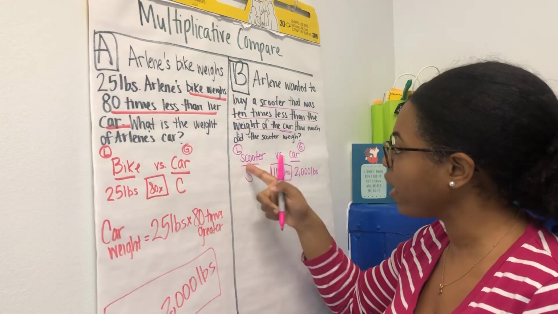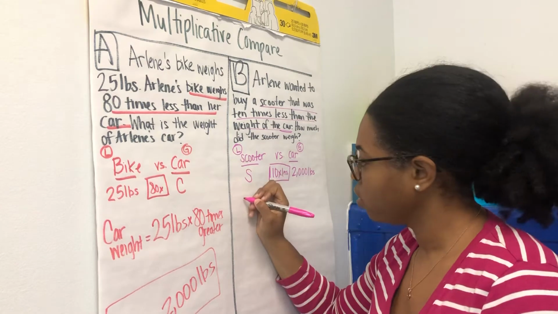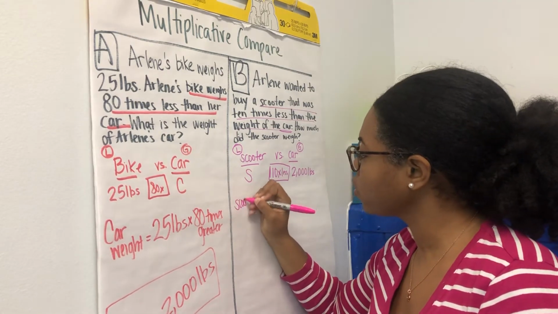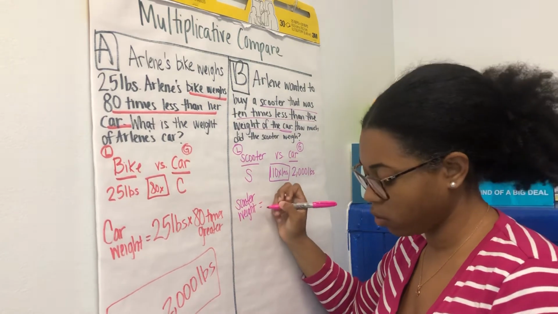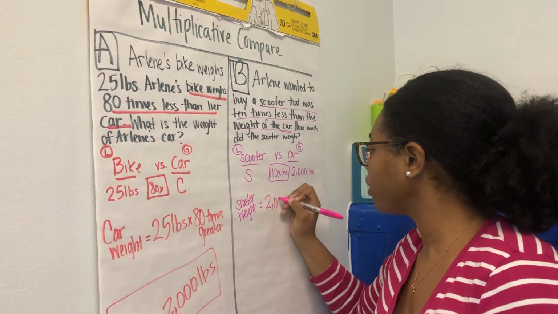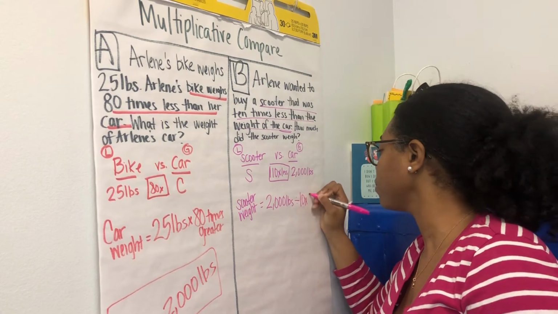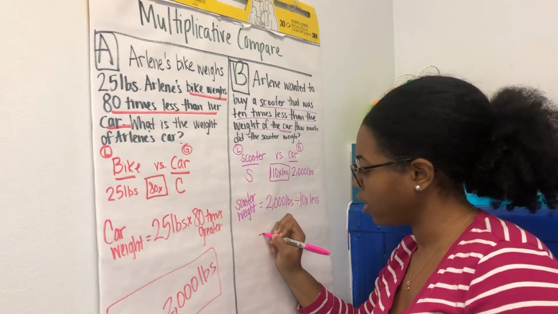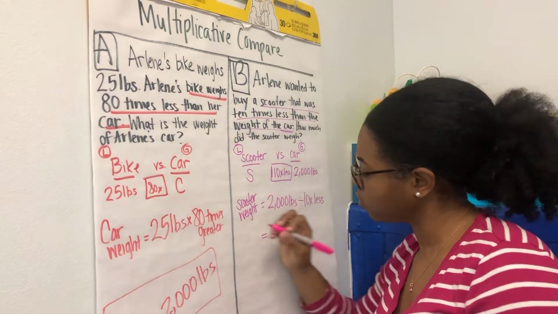So to find the weight of the scooter, I need to do the scooter weight is equal to 2,000 pounds divided by 10 times less. And that would be 200 pounds.